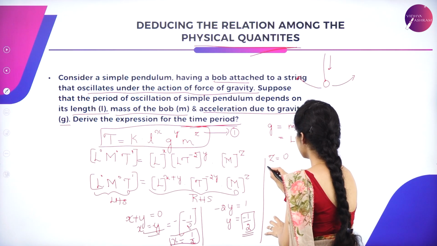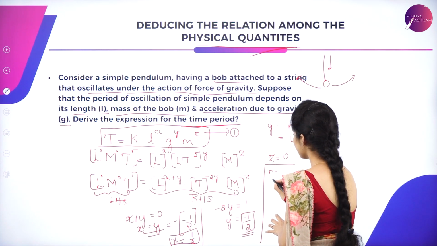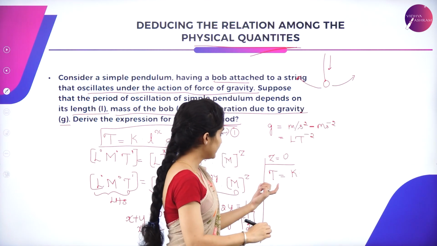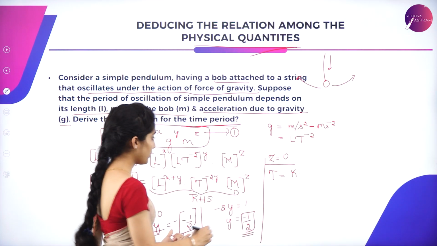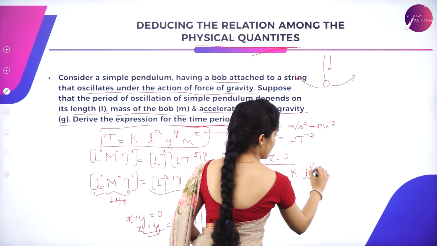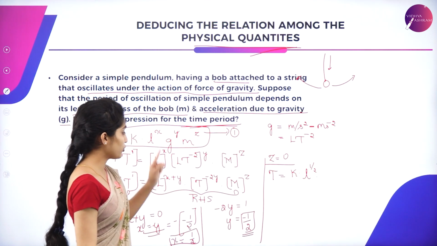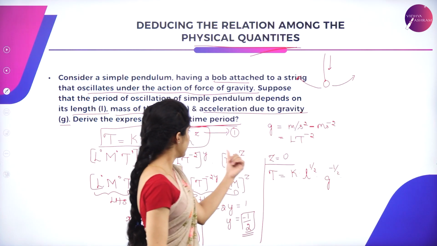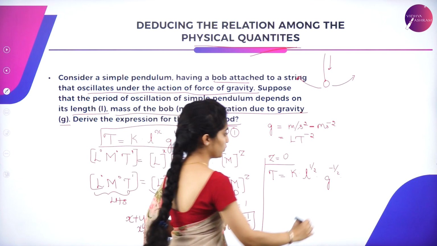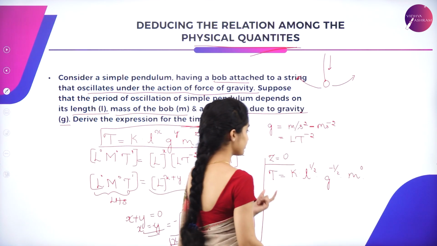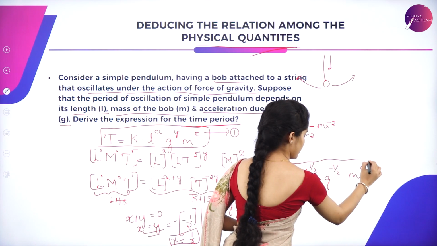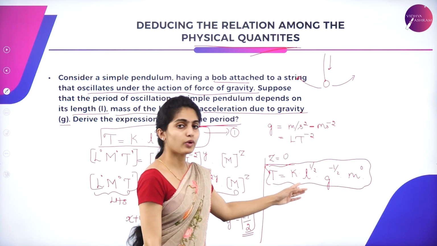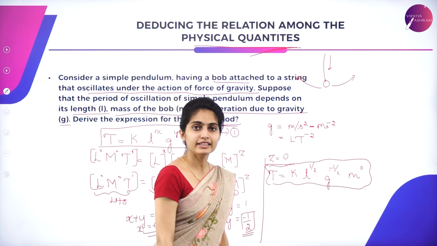So you have got T is equal to k into L to the power of half and g to the power of minus half and M to the power of 0. So on substituting for equation 1, you have half, minus half and 0.